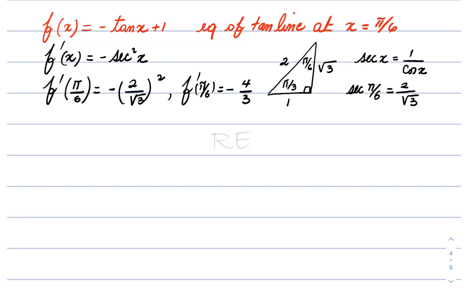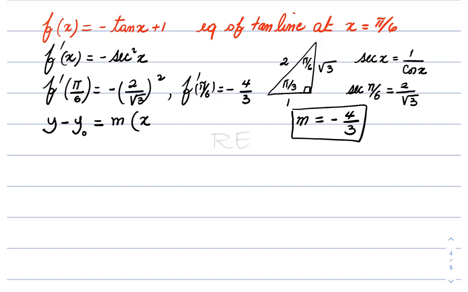Now, because we are looking for the equation of the line, we know that at the target point pi over 6, the slope is negative 4/3. We also know that the general form of the equation is y minus y naught is equal to m times x minus x naught.